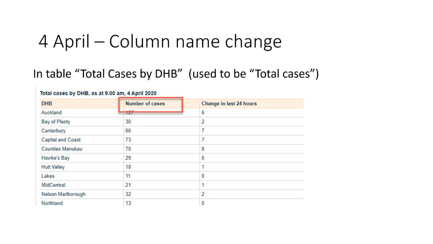On the next day, they had a name change. They no longer called it total cases by DHB, but number of cases. So this table here, I still use the headings, but that was an easy fix. But on the next day, I had totally weird numbers.